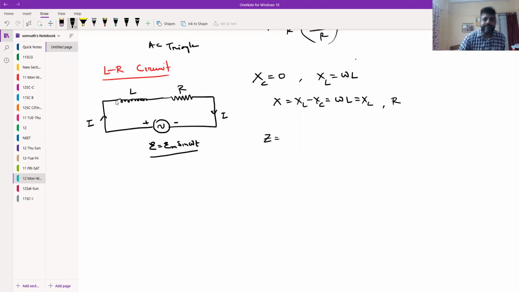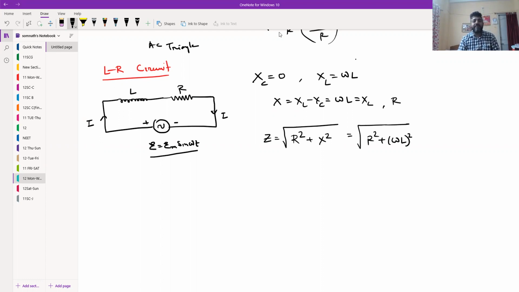I can easily calculate the value of Z, that is, the square root of R square plus X square, and my X is XL, so R square plus omega L square. Once I get the value of Z, I can easily find out Im. Why? I already have Em, and Z I just calculated here.